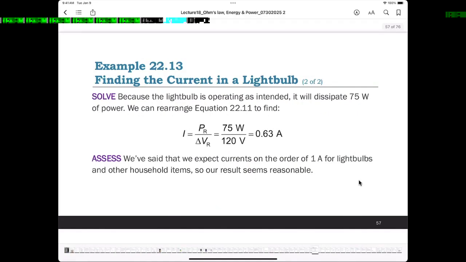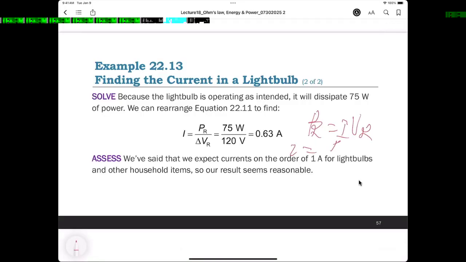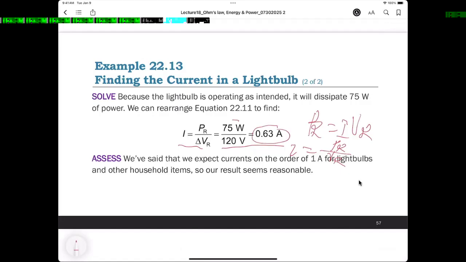We can rearrange equation 20.11 to find it. We know P equals IV, which means I equals P divided by V. We just use this equation to calculate the current. It's around 0.63 amps.